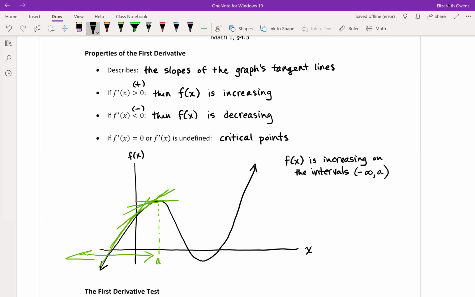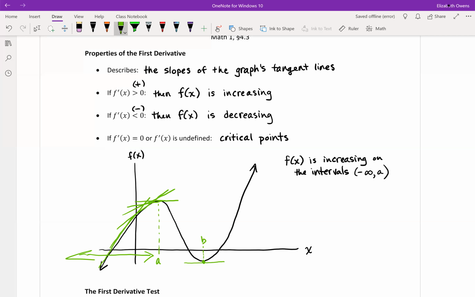And then we would have another area of increase from our low point. Let's call this guy B here, and on after that. You can see again the positive tangent line slopes on that portion of the graph. We've got a nice critical point at B. There's that horizontal tangent line, f prime of x equals 0.